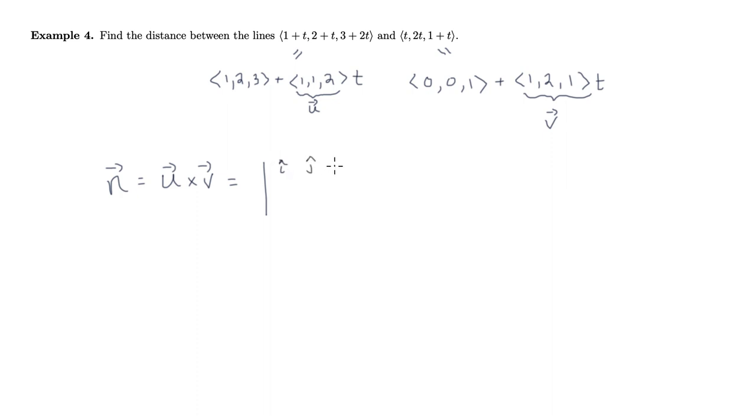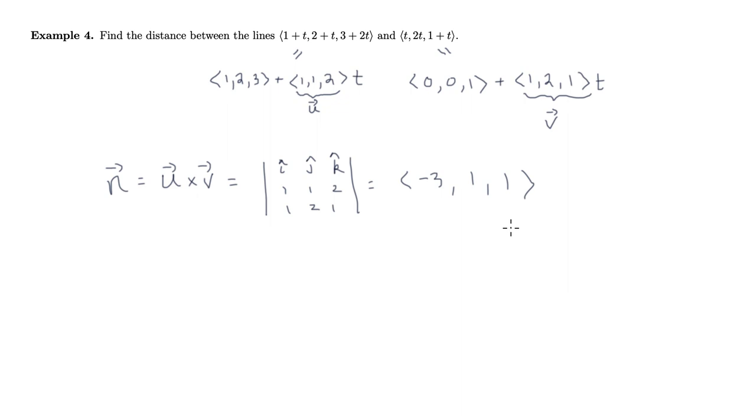Well, we should be masters of the cross product now. So we have (1, 1, 2) and (1, 2, 1). So our vector will be, let's see, negative 3, and then minus 1 minus 2, so just 1, and then 2 minus 1, 1. Okay, so there's our normal vector.